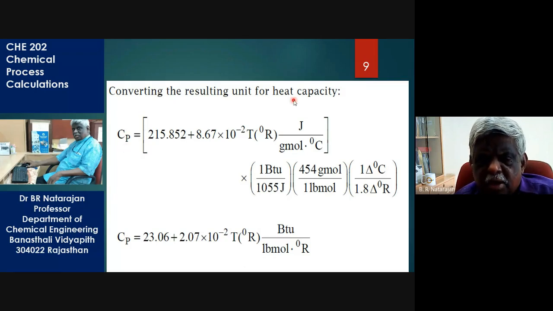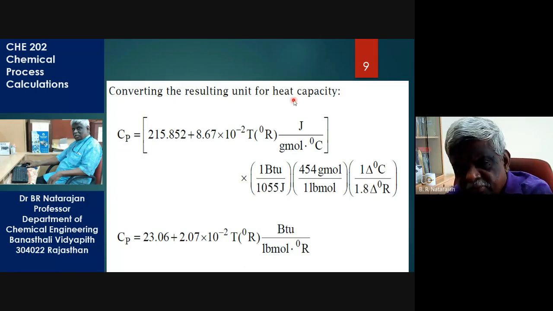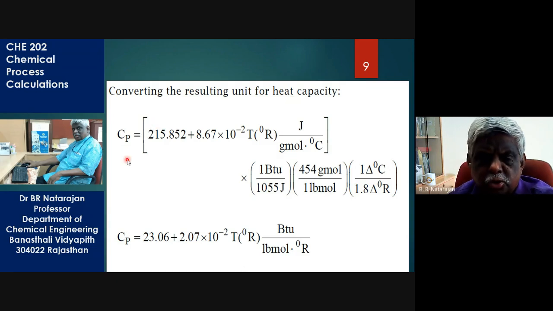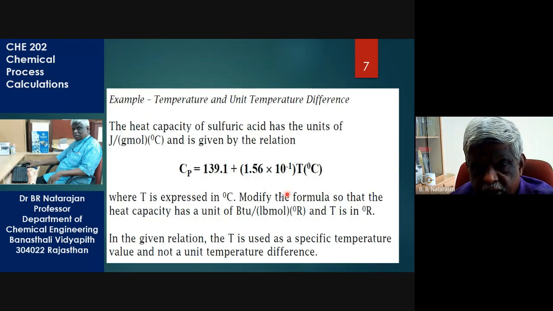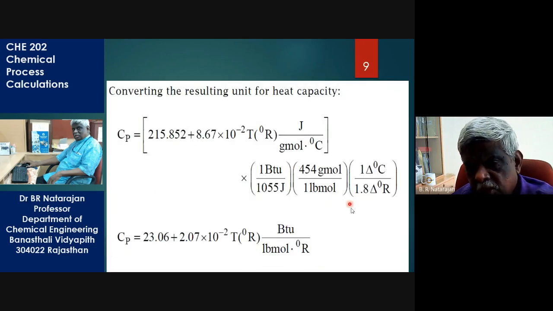Now we convert the unit, because remember we have to convert joule to BTU and also gram mole to pound mole. Because the question was to convert this joule per gram mole to BTU per pound mole. So you have now done the temperature conversion. Now we do the remaining conversion. So gram mole to pound mole is 454.